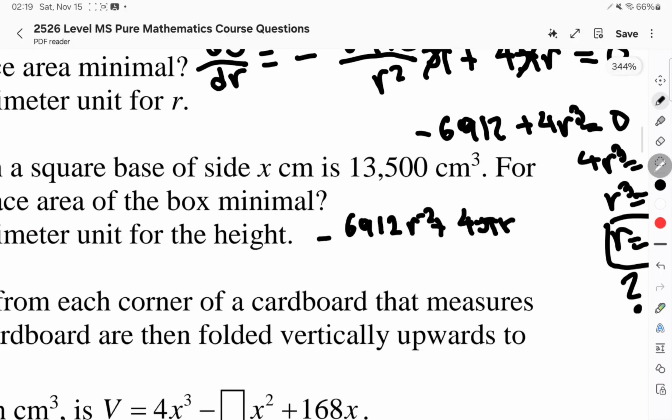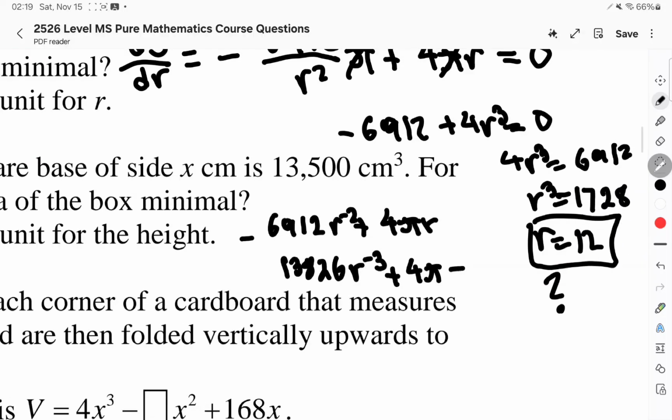We get 6912 times minus 2, I get 13824 r to the power of minus 3 plus 4 pi. I don't really have to put equal to 0. I have to put the r in here and determine if it's concaving up or concaving down.